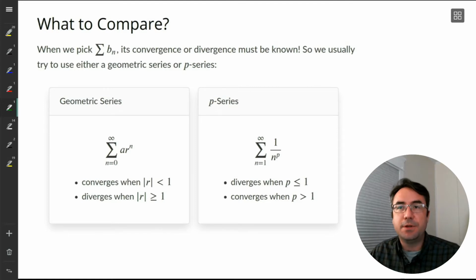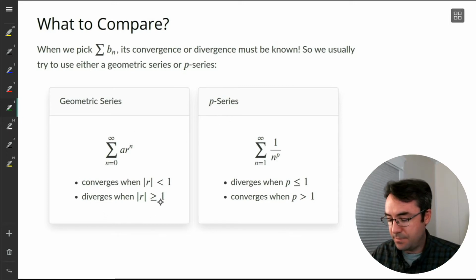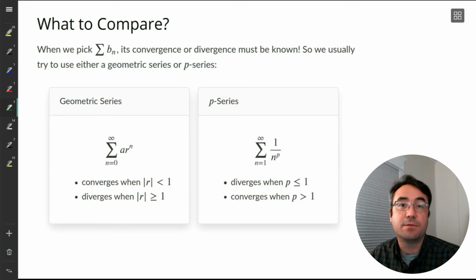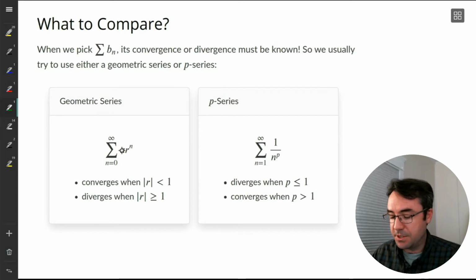And so usually what we do is we rely on either our geometric series or a p-series. We're going to choose our comparable series sigma bn to be either a geometric or a p-series. And we just have a nice little review of when those types of series are convergent. So our geometric series, where we have r to the power n, is convergent when the absolute value of r is less than 1, divergent when the absolute value of r is greater than or equal to 1.